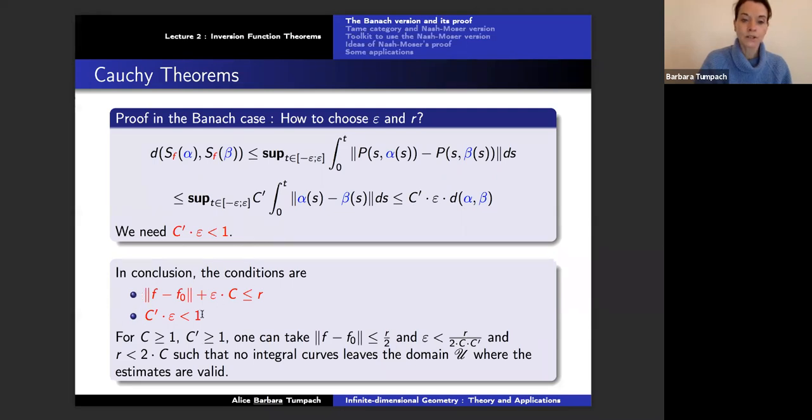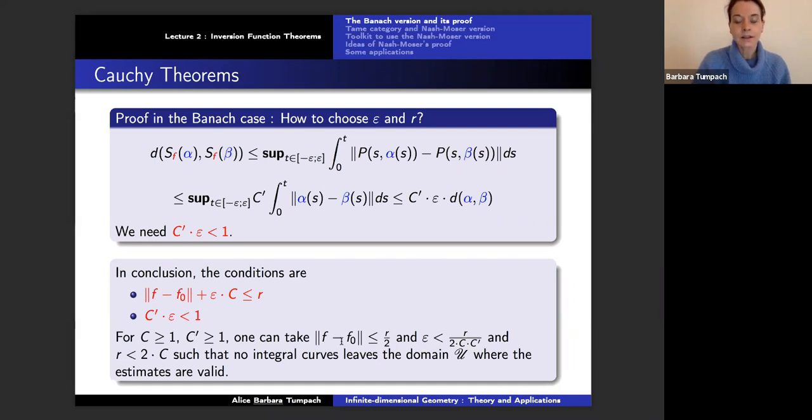Okay, so at the end we have two conditions, these two red conditions, and we have to choose constants in order to make these two conditions work. So if I haven't made mistakes, the constants C and C prime, you can take them greater than 1.